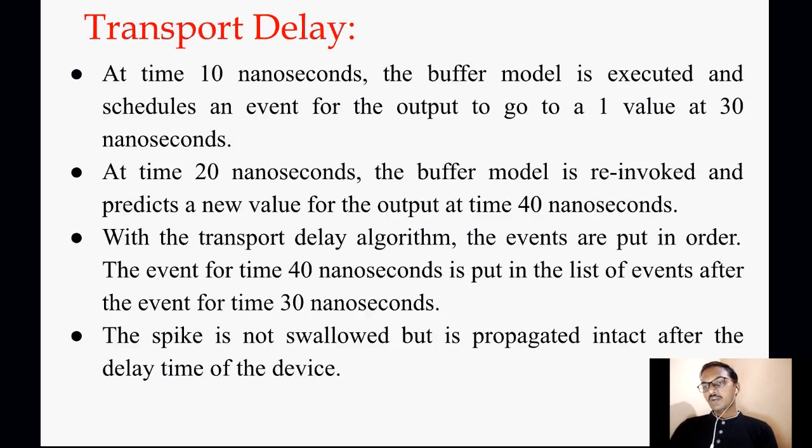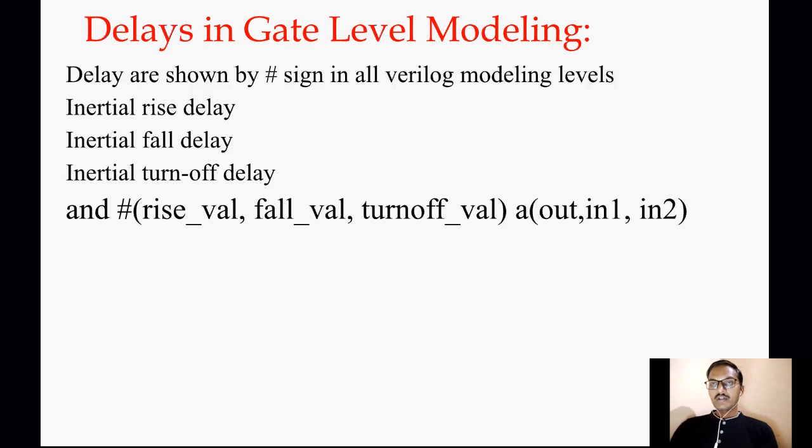At 20 nanoseconds, the buffer model is invoked and predicts a new value for the output at 40 nanoseconds. With the transport delay algorithm, the events are put in order, and the event for time 40 nanoseconds is put in the event list after the event for time 30 nanoseconds. The spike is not swallowed but is propagated intact after the delay time of the device.